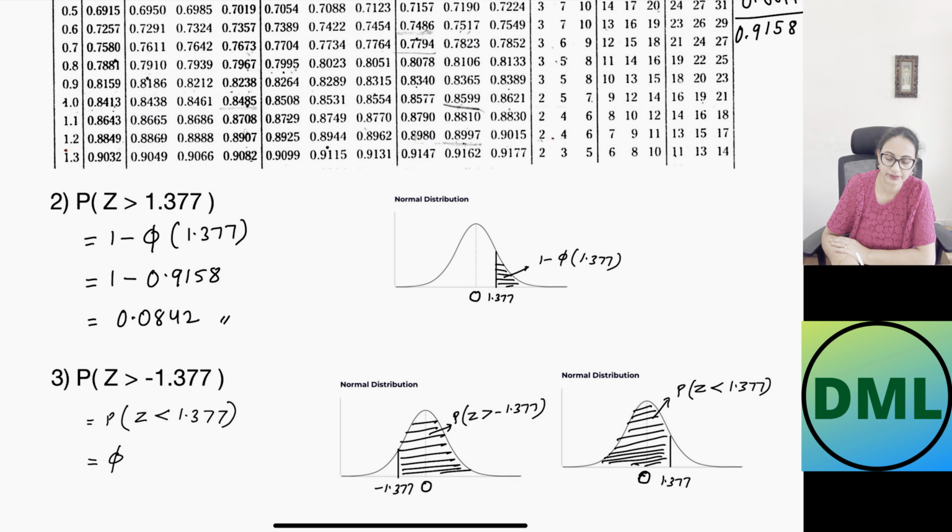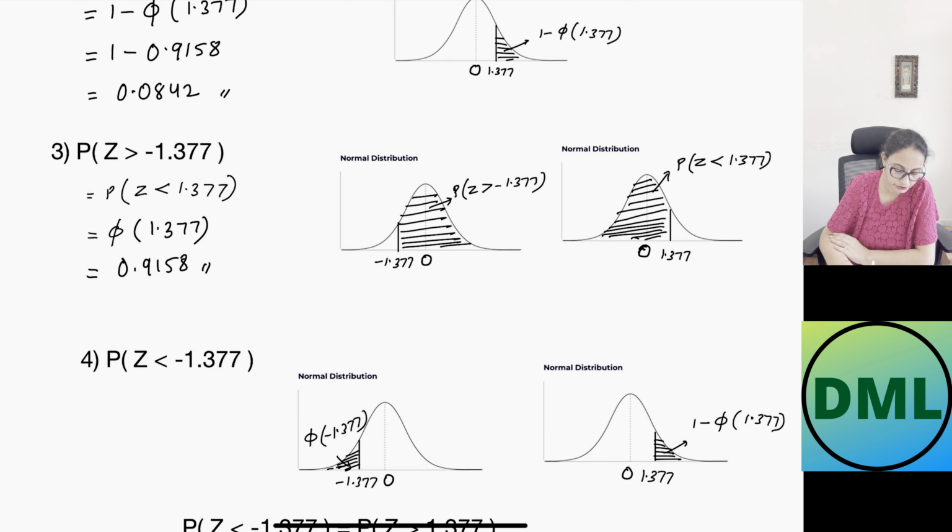This value will be the same as 1.377 and the lesser than part because of the symmetry of the curve. The lesser than part, we know, will be given as phi of a. Phi of a is phi of 1.377. We figured out this answer earlier. Let's write down the answer here. This will be written as 0.9158. This will be my answer.